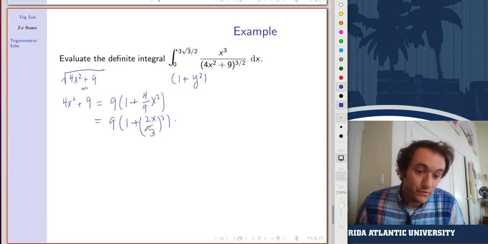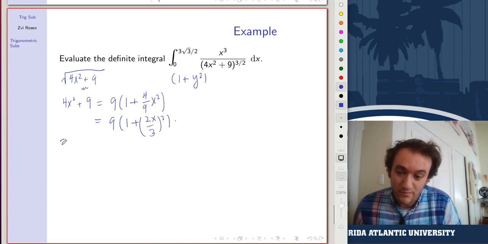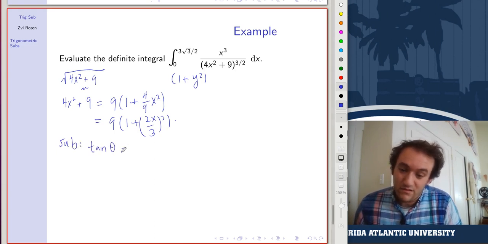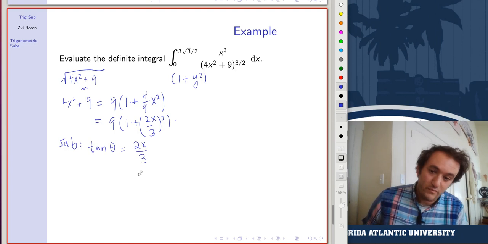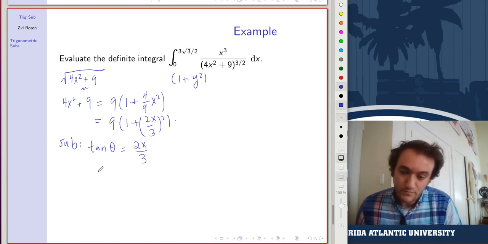Looking at that, we want to sub in tangent theta equals 2x over 3, because we want to have 1 plus tan squared theta. That means secant squared theta d theta equals 2/3 dx. Another way of writing that would be dx equals 3/2 secant squared theta d theta.